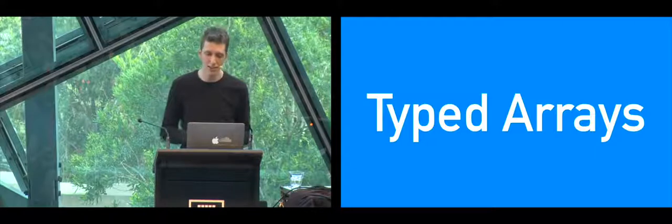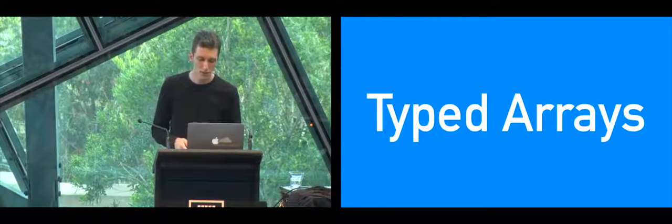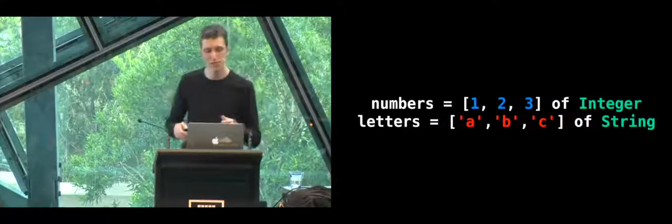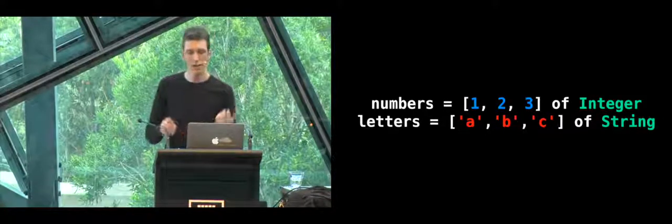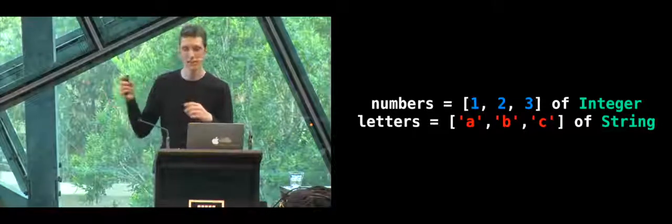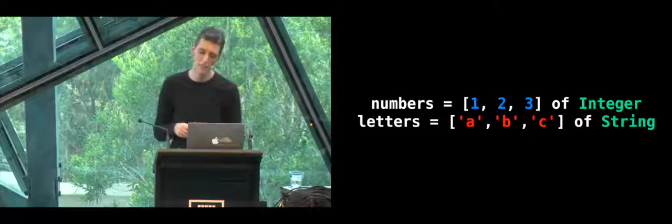Typed arrays. This is another thing building on what Tom talked about yesterday. In Ruby, you have arrays that can be mixed, but there are a lot of advantages to being able to declare an array of a specific type and then limit adding things onto the end of that array to that specific type.